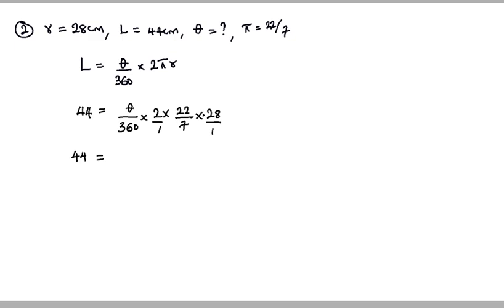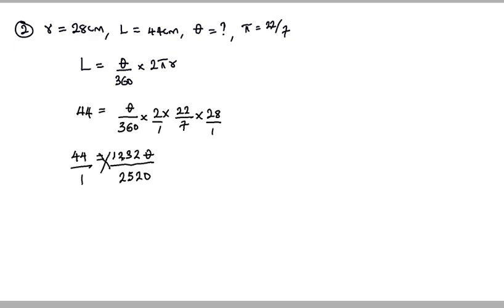1232 times theta, so that is 1232 theta, then all over 360 times 1 times 7 times 1, which is simply 2520. I can choose to do over 1 here, cross and then multiply.